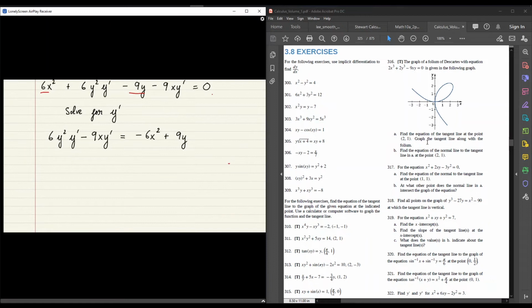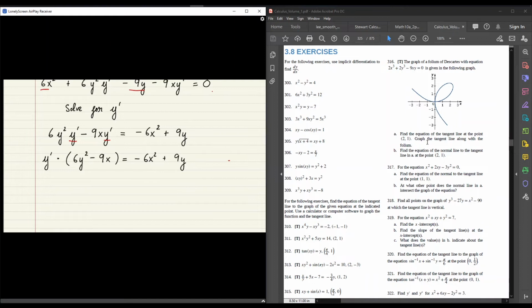Alright, here I see that I have y prime as a common factor in the two terms, so I can factor it out to get that y prime multiplied by 6y squared minus 9x is equal to negative 6x squared plus 9y. And to isolate y prime, I have to divide both sides of the equation by this factor of 6y squared minus 9x.